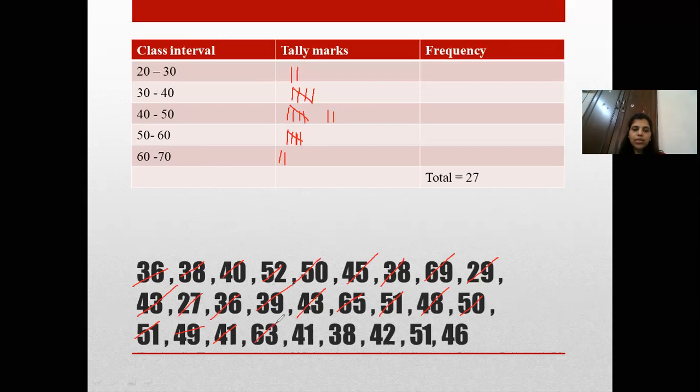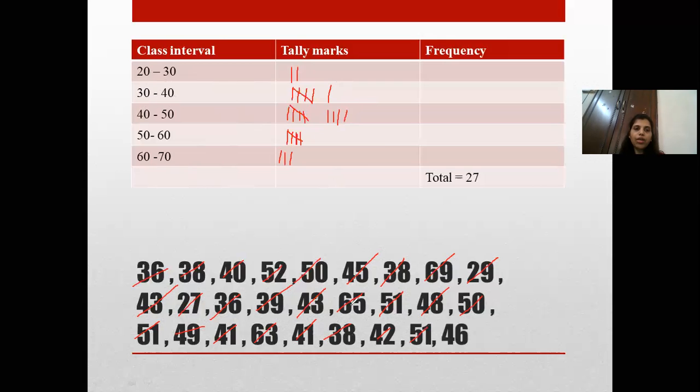63, strike off 63, 60 to 70 in that particular group. 41, strike off 41, 40 to 50 in that group. Strike off 38, 30 to 40 in that group. Then 42, strike off, it will be in this group, 40 to 50.